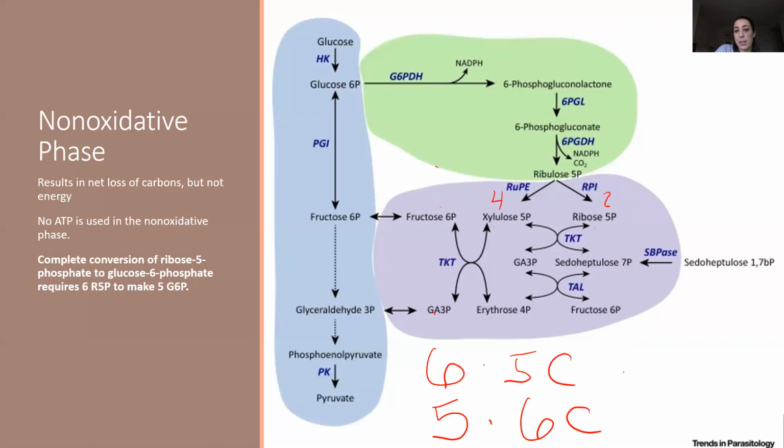That's 6 5-carbon long molecules. And we're going to make 2 fructoses here, 2 fructoses here. That's 4. And 2 glyceraldehyde 3-phosphates. These are only 3-carbon long, but they will recombine to make 1 glucose. So 2, 2, and then ultimately 1 more glucose is 5.